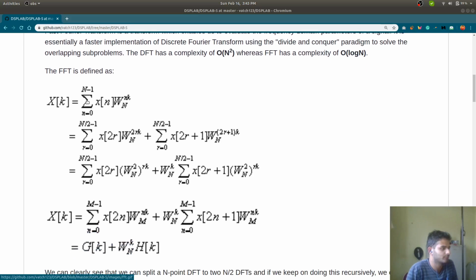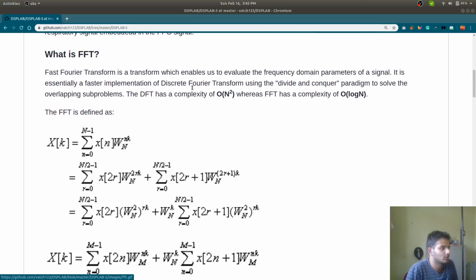As you can see here, this is an n. We have split it into two n by 2 DFTs of the even sequence, that is x of 2r, and the odd sequence, x of 2r plus 1. Since the common DFT has a complexity of O(n) squared, once we reduce it to n by 2 in one step, we can keep on doing it further and further till we reach only 2 point DFTs.